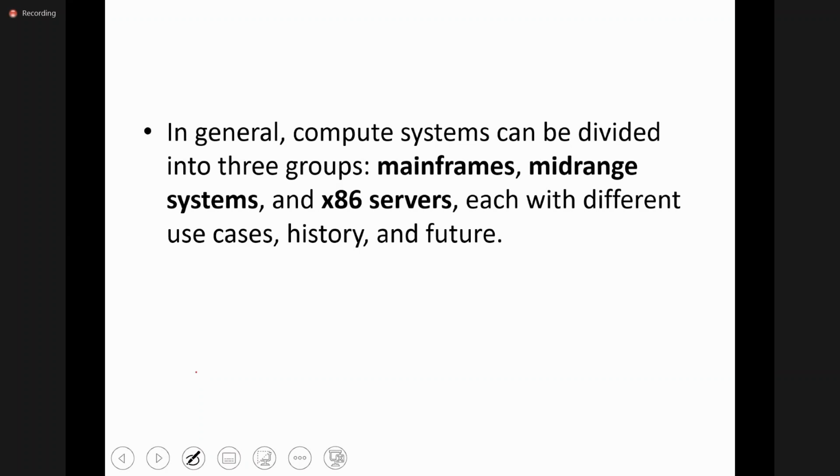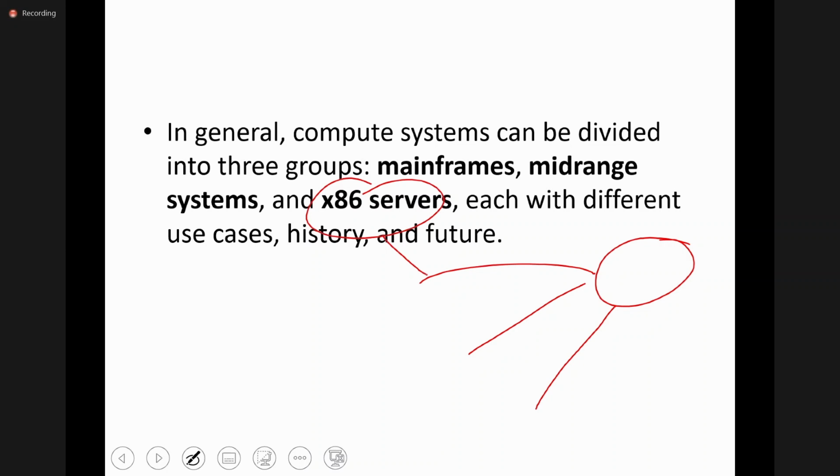For example, in the banks, they have their own server, which is connected to different x86 servers in different locations. So the mid-range server or system is between the x86 servers and the mainframe. It's used in some companies, banks, and universities, not small companies.